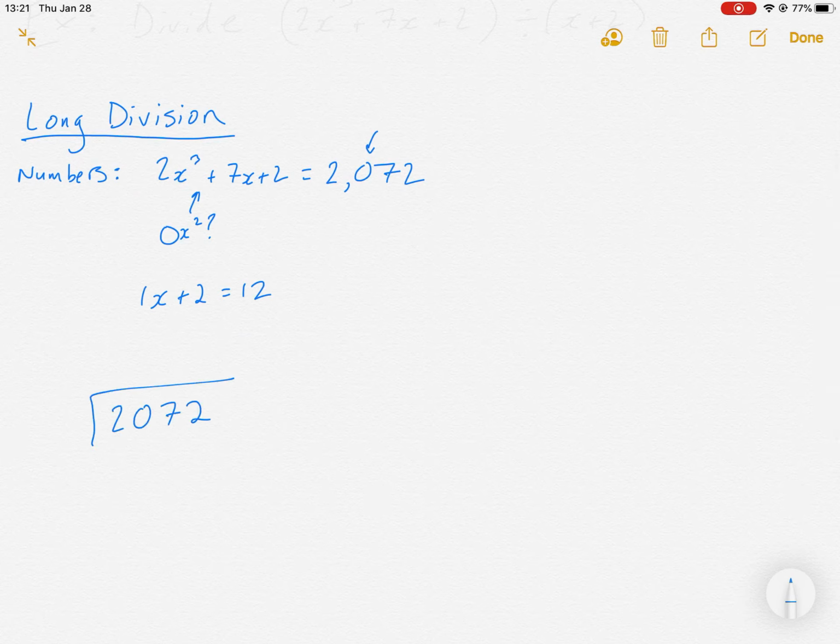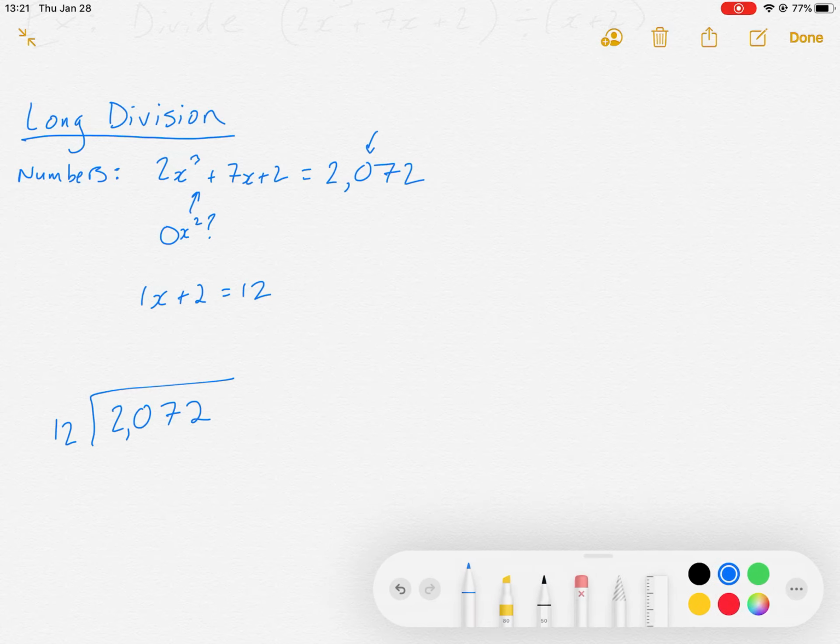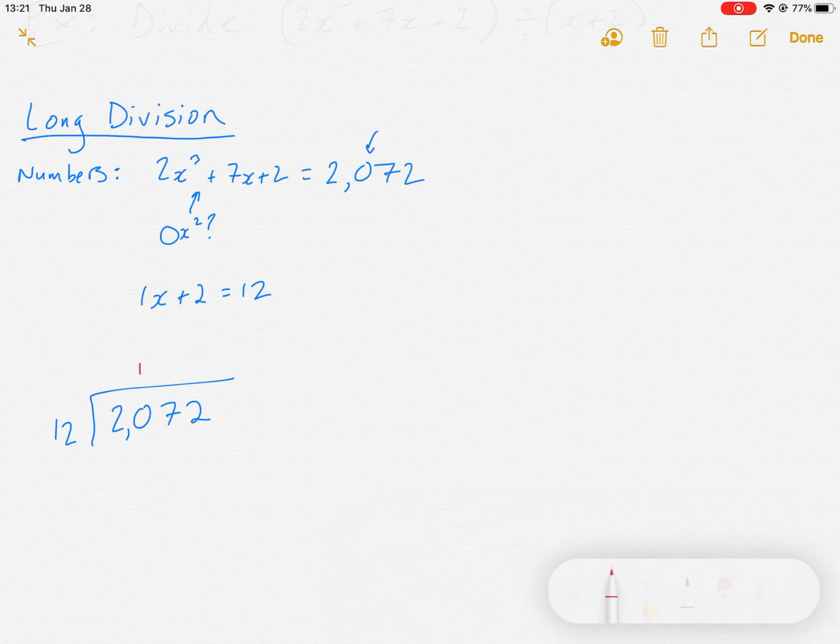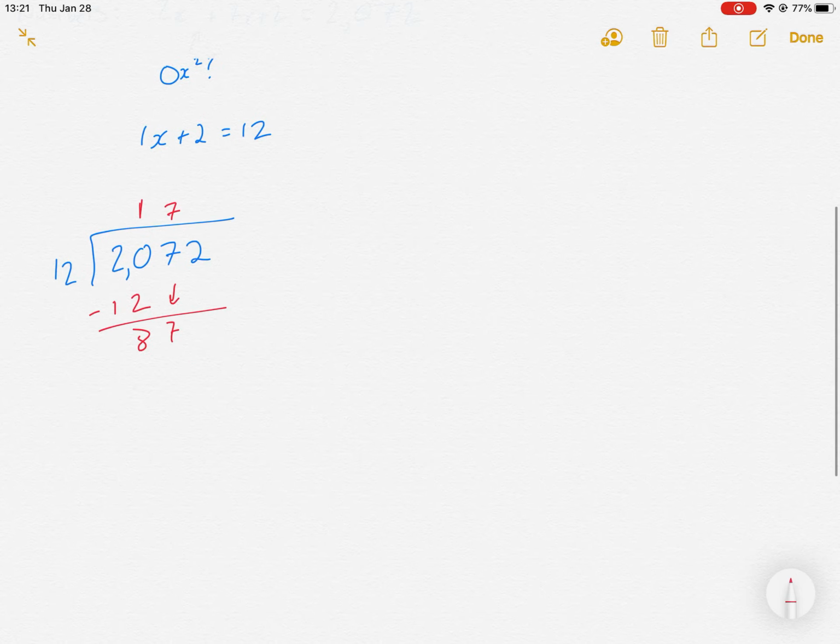Now let's just refresh our memory on long division. You put the 12 over here, the 2072 goes there. You first see how many times 12 goes into 20 once, and then you multiply 1 times 12, you get 12, subtract them, and then you get 8. You bring down the 7. How many times does 12 go into 87? Now you're going to have to review some mental math. 7 times 12 is 84.